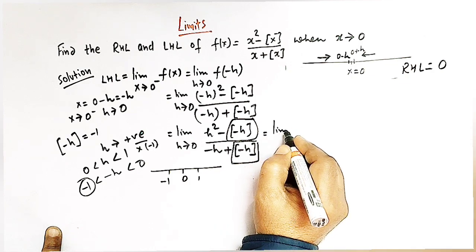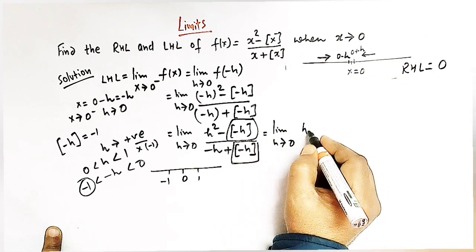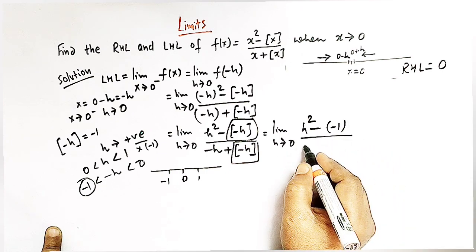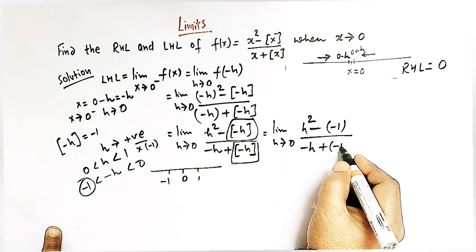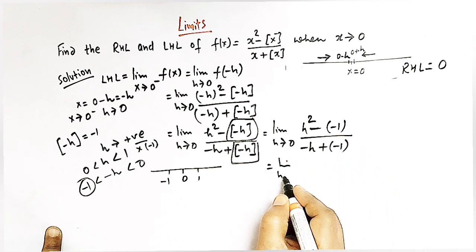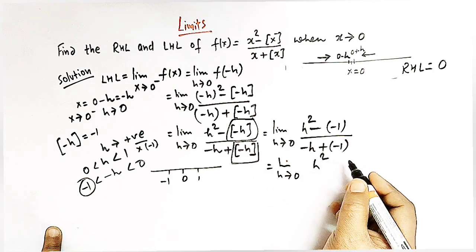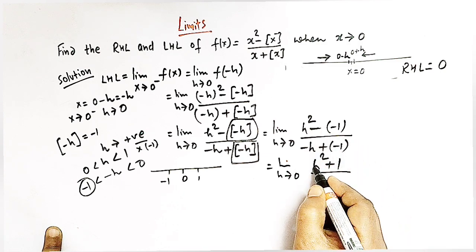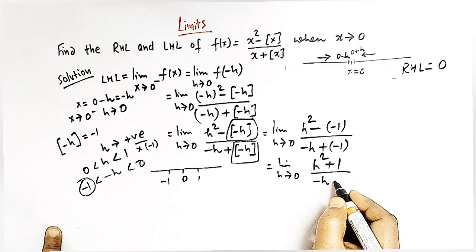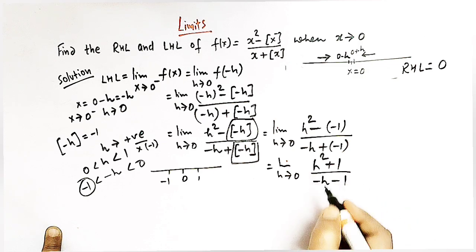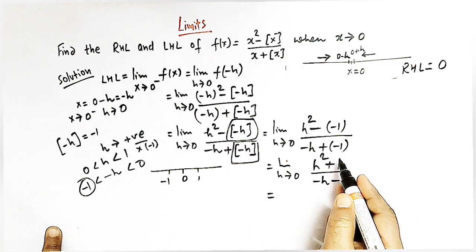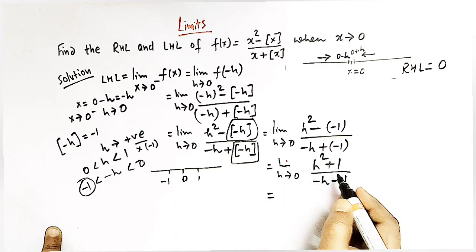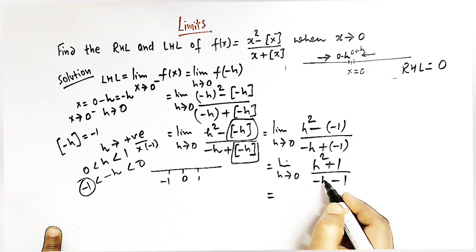So now we have limit h tends to 0, h square minus, and here we have minus 1, and here we have minus h plus minus 1. So this is limit h tends to 0, h square plus 1, since minus times minus is plus, and here we have minus h minus 1. So now this is a rational expression in h, and limit h tends to 0 can be obtained by taking h is equal to 0.